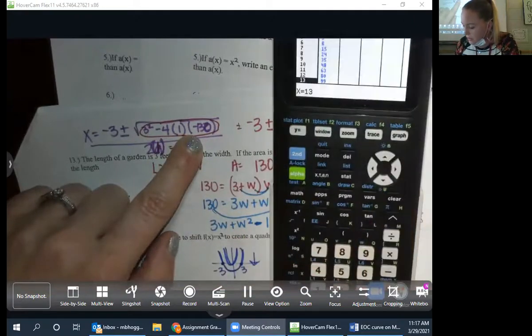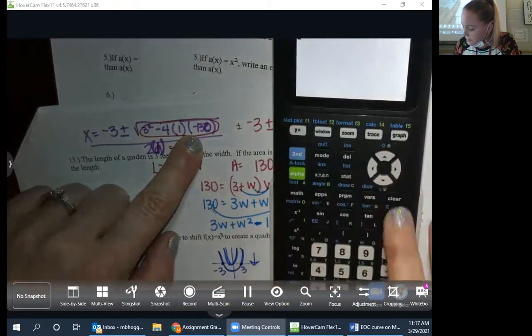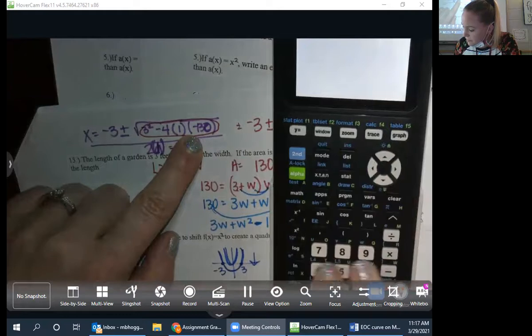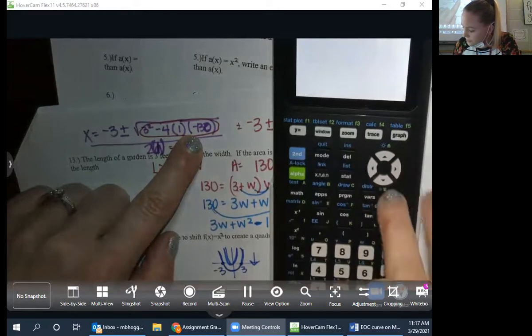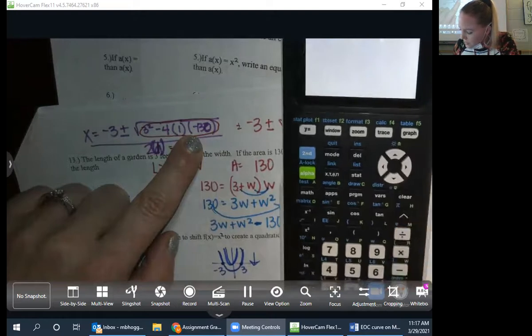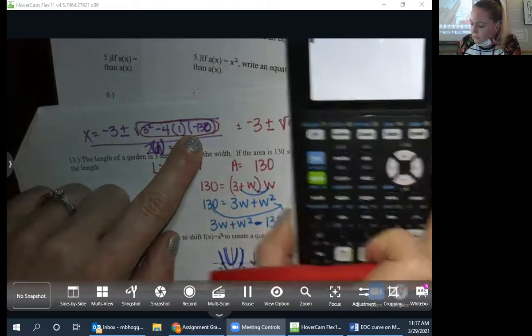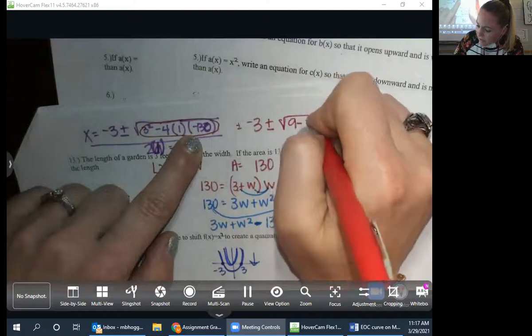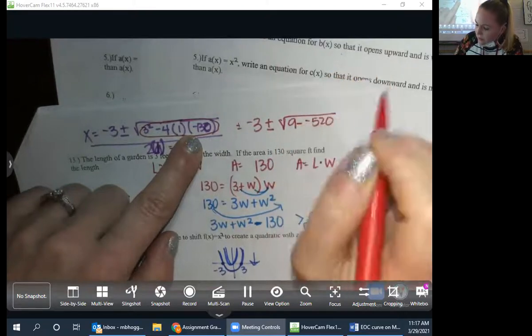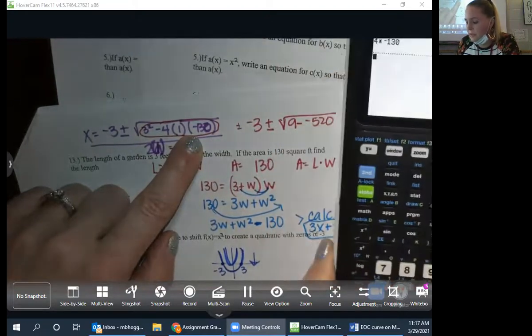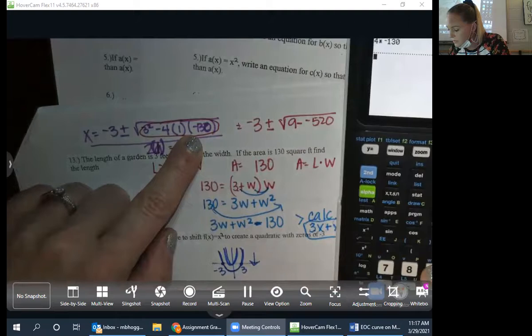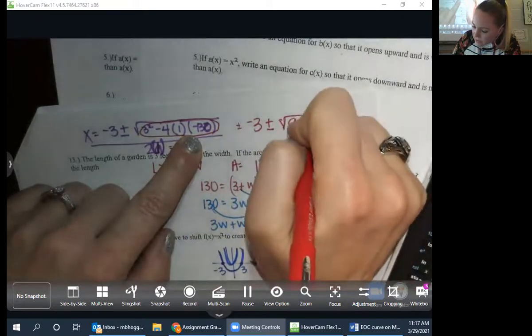So I'm going to get my calculator. 4 times 1 times negative 130 is negative 520. So 9 minus negative 520. Those are big numbers, but that's where we are. So these turn to positives.